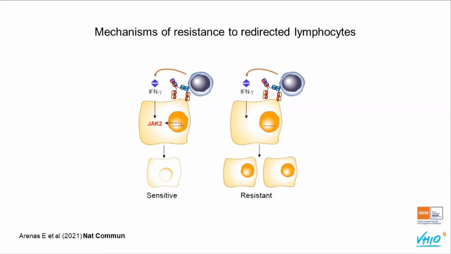In normal cells, the secretion of interferon gamma is very important for the T cells to kill the target cells. In a normal cell, JAK2 is an important mediator of this cell death. In resistant cells, JAK2 is down-modulated, very likely epigenetically, and the down-modulation of JAK2 turns off interferon gamma signaling, and that is enough for the cells to resist the killing of redirected lymphocytes, redirected via TCBs or via CARs.